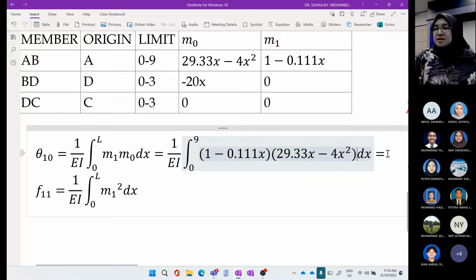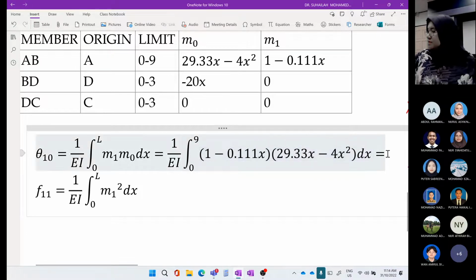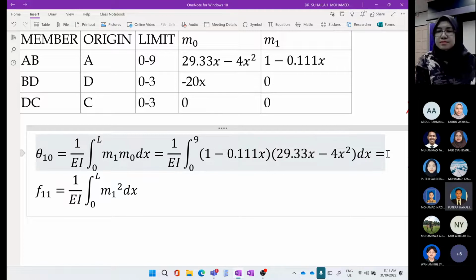So what is the answer? 153.02 over EI, isn't it?